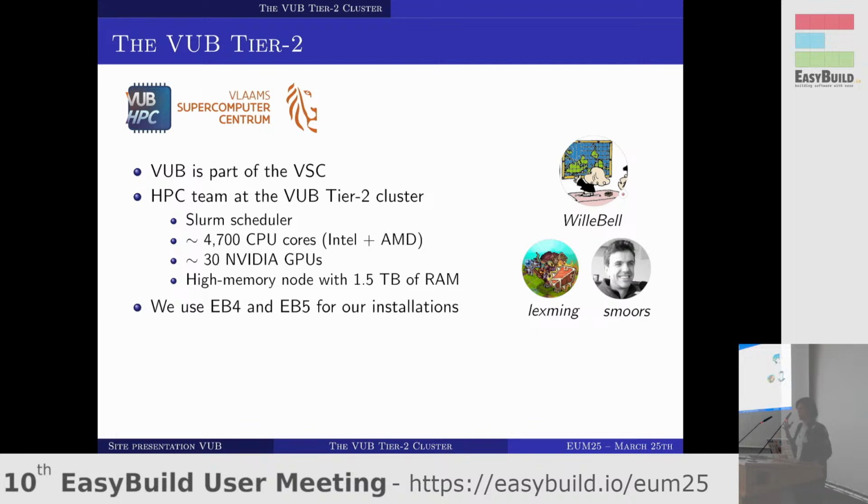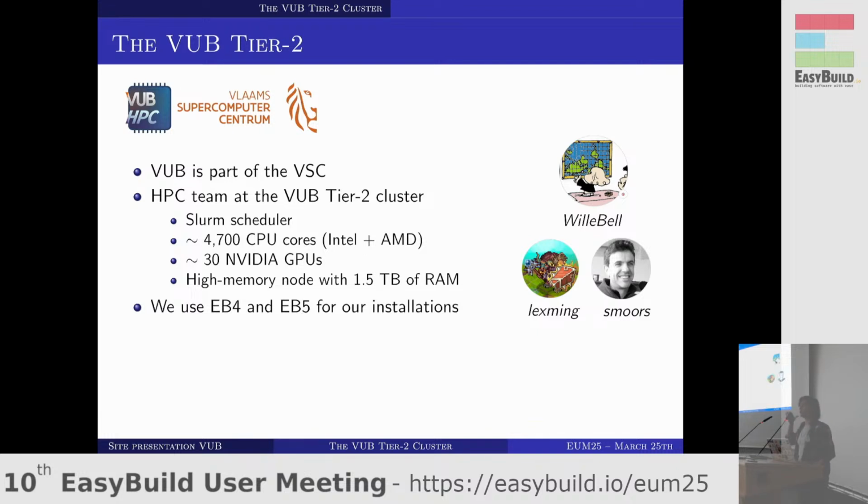This is because we have to meet the needs of our very heterogeneous users. As Alex mentioned, we have been using EasyBuild 5 for a few weeks now for all the installations of the toolchain 2024a. So far, nothing has broken. That has been great. So that's an overview of our cluster.